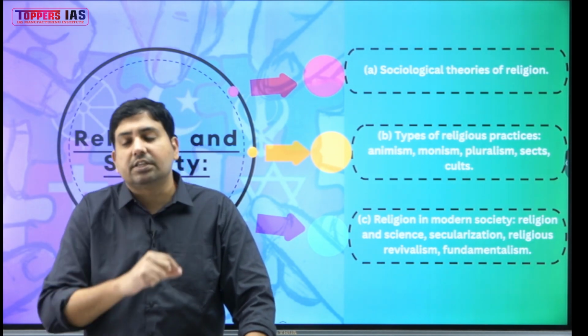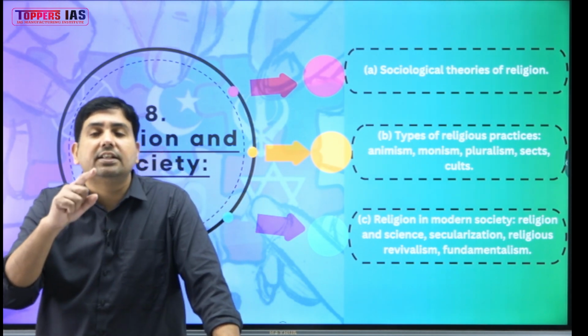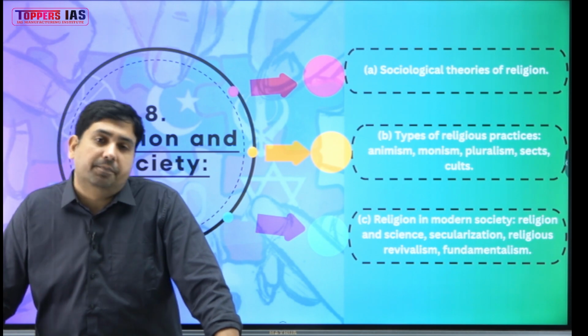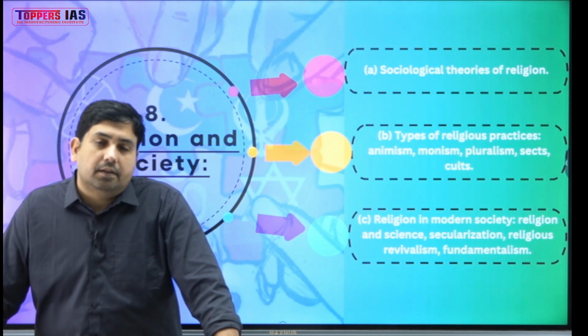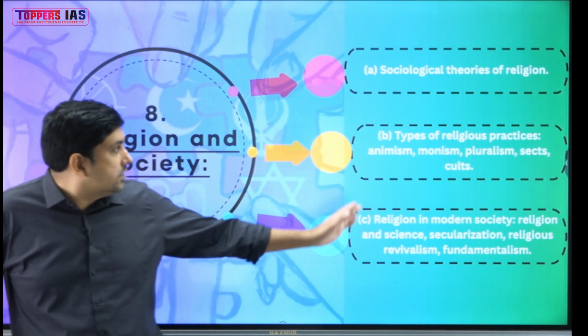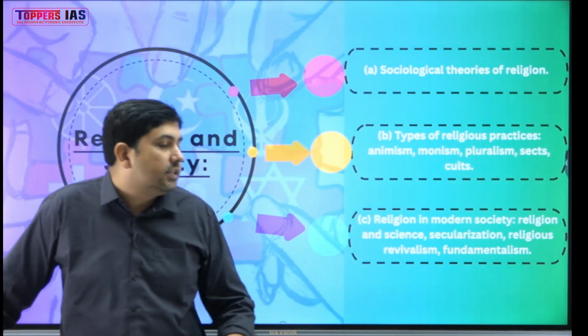So Karl Marx says religion prevents people from indulging in revolutionary overthrow of a system. Clear now?